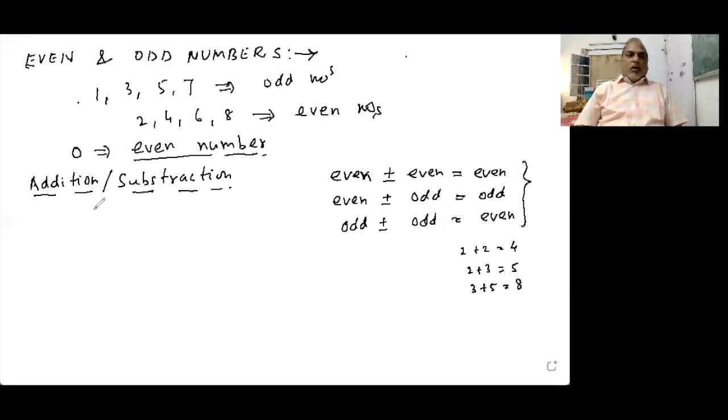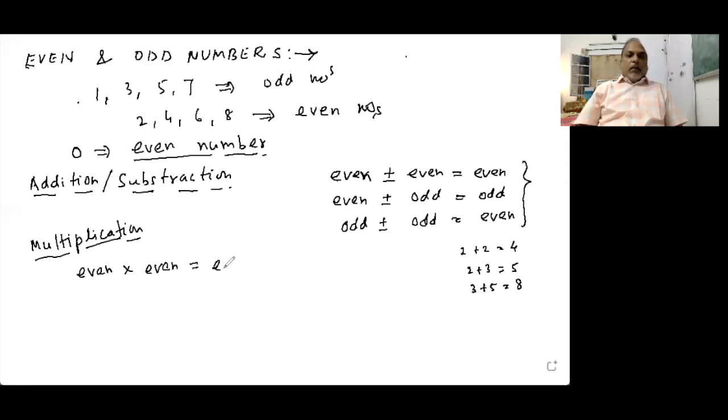Now we will go to multiplication of even and odd numbers. If you multiply even with even number, what you will get?